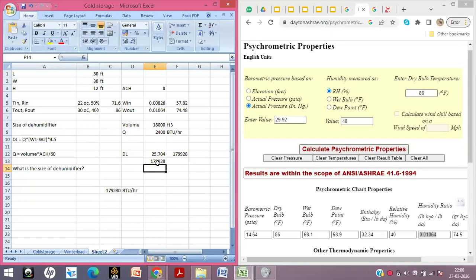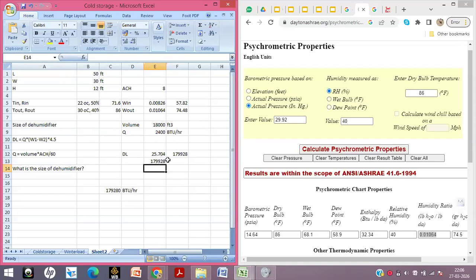Okay, sir. So that is how we can size our humidifier or dehumidifier. Since we talk about kgs, what you got will be in terms of pounds, so BTU per hour per lb.